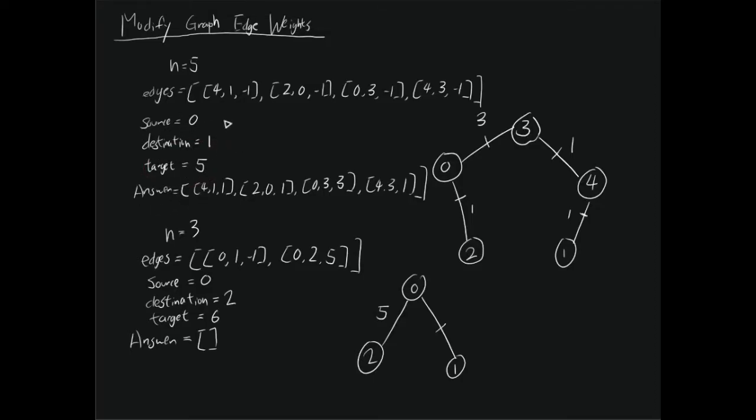One tricky part is that some of the edges can be -1, which means you can set any positive integer for the weight.